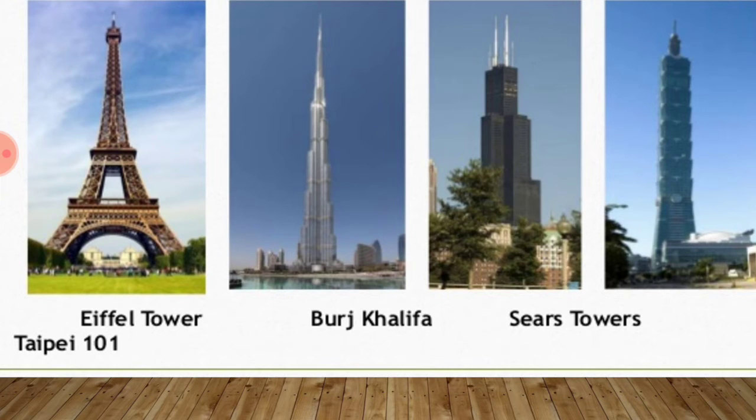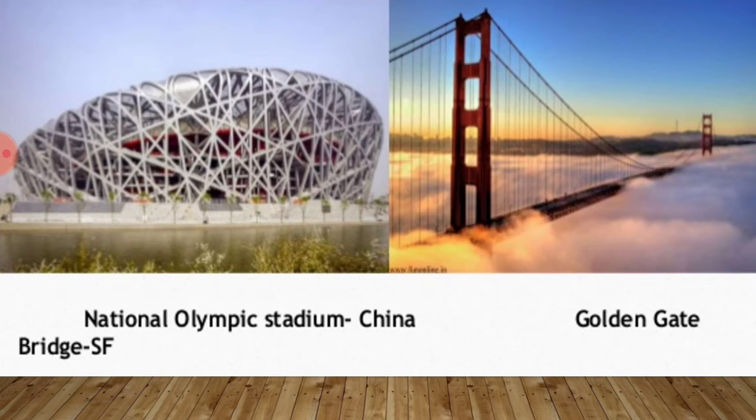Here we'll be showing you some pictures of different buildings in the world that you may have heard of that are made of steel. One being the Eiffel Tower, the Burj Khalifa, and also the Sears Tower. Next, the National Olympic Stadium in China and the Golden Gate.